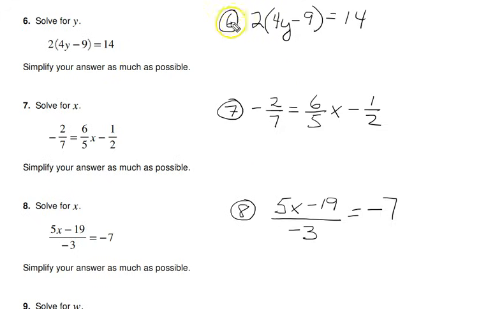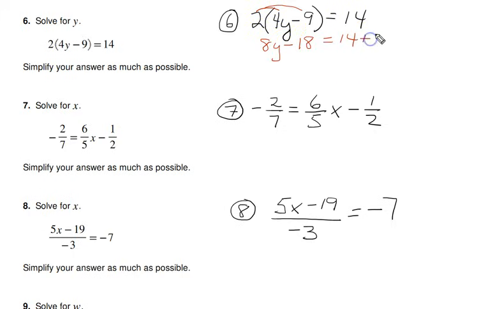And as we look at number 6, what do we do first? Well, there are no fractions, so then we get rid of grouping symbols. So we're going to distribute that, and we get 8y minus 2 times 9 is 18 equals 14. Now we're going to transpose the negative 18.